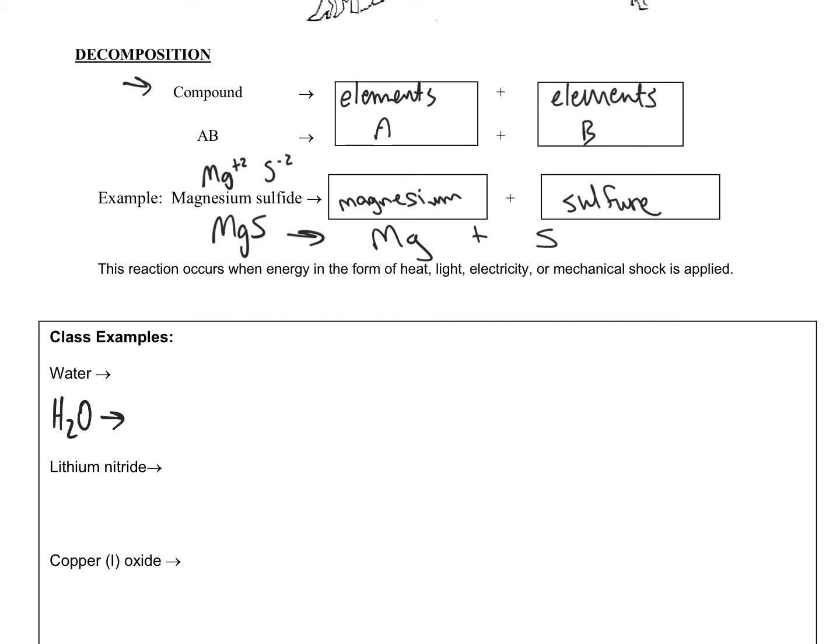Well, we know the 2 parts of H2O are going to be H2, and O. It's really tempting to just write O, but you got to remember that O is a diatomic when it's by itself, so it's actually going to be O2, for the same reason that H2 is a diatomic. So we have our decomposition reaction finished. We've got to balance it out, 2 there, and then we finish the word equation, hydrogen plus oxygen.